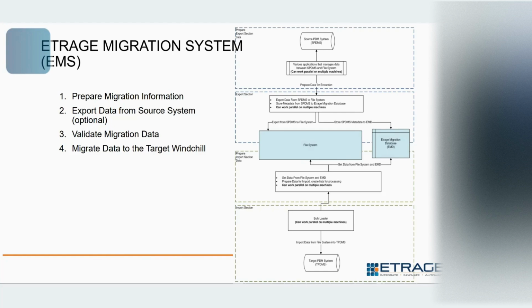That can also be exporting data from the source system to the file system. In some cases we had migrations from Windchill, but other systems can also be supported from our side. And the third phase is validation of the migration data. And in the fourth phase, we migrate the data to the target Windchill.